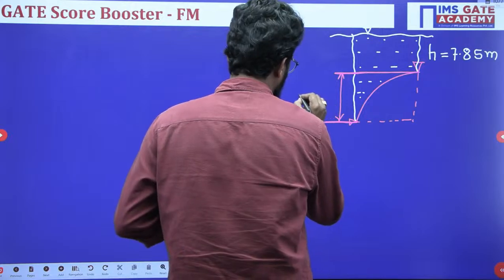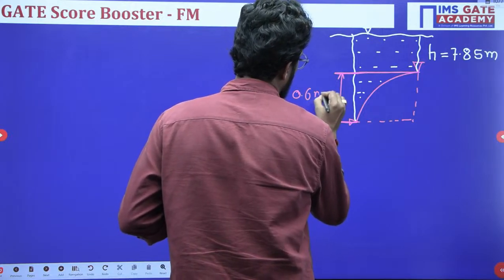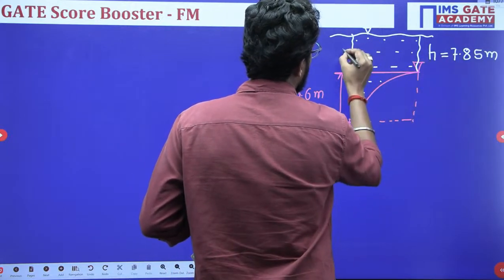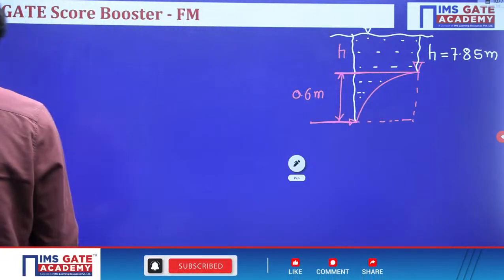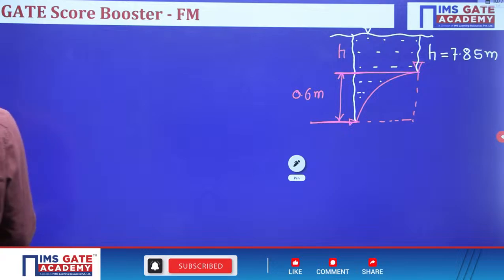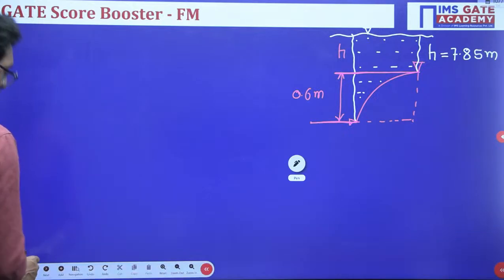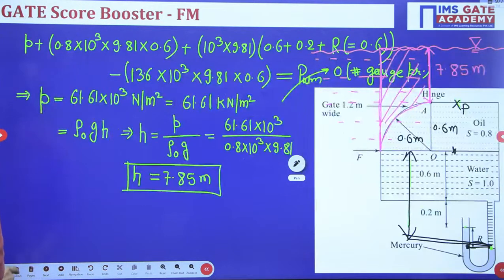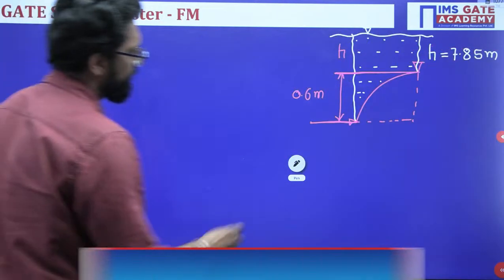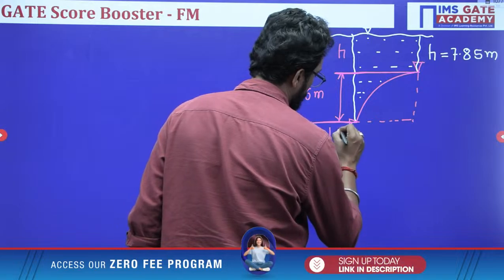How much? 0.6 meter, and this is your point h. Now, my dear, we have to calculate what force F is required. So we have to find this F value.